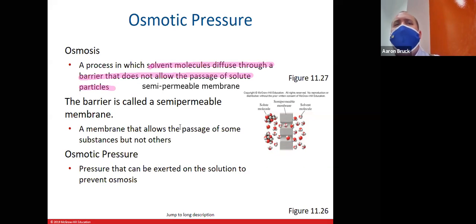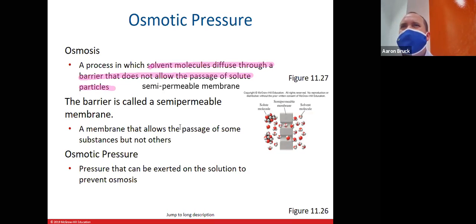So in this scenario, what we are ultimately looking at is a barrier. That barrier allows certain kinds of materials through, in particular small molecules, and other materials have to stay outside.